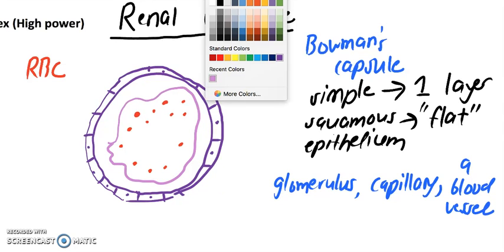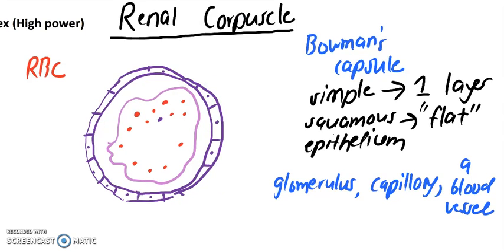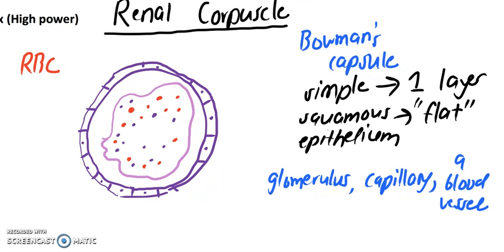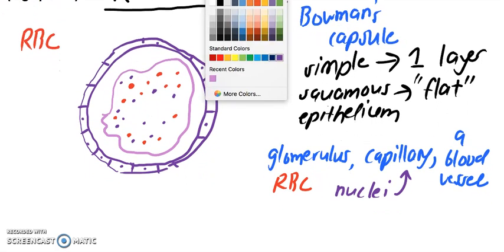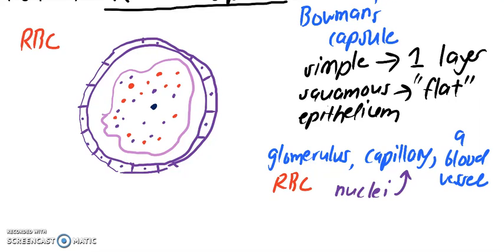You will also see the nuclei of the capillary cells. The cells that compose the capillaries, the epithelium, also have a nucleus. So we have red blood cells, and we also have nuclei from the capillaries. Lastly, I'll use a slightly different color. You will have the nuclei of a slice of Bowman's capsule on this.